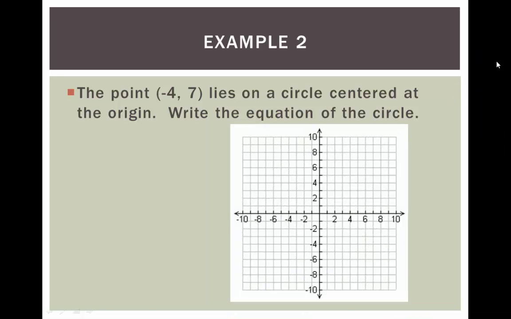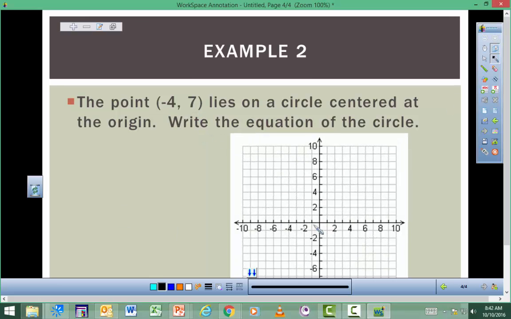Okay, so they're telling us that the point negative 4, 7, where would that be? Negative 4, 7, right here. This is a point that's on the circle. And the circle is centered at the origin. That's what we're told.